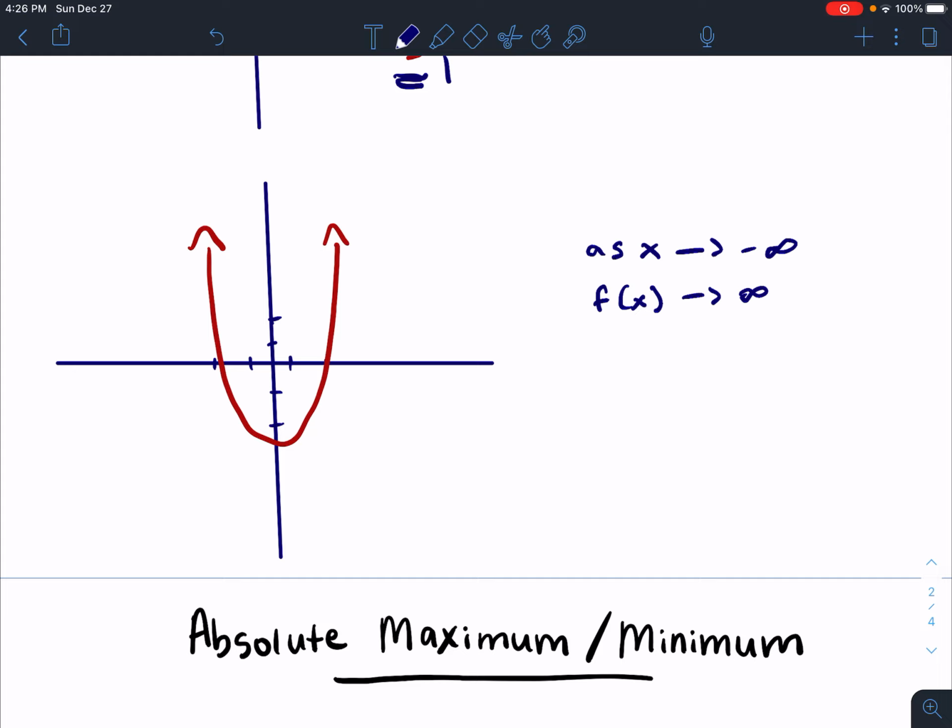And for this side, as x approaches +infinity, because the x values are going towards the right, f of x approaches also +infinity.